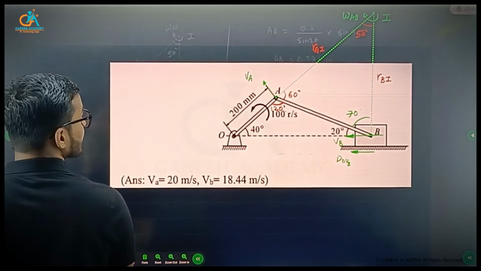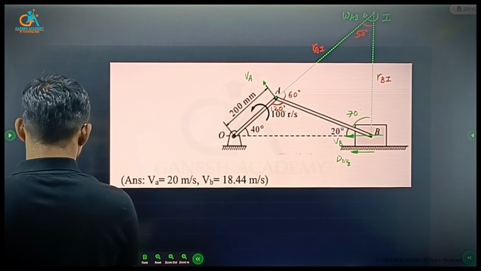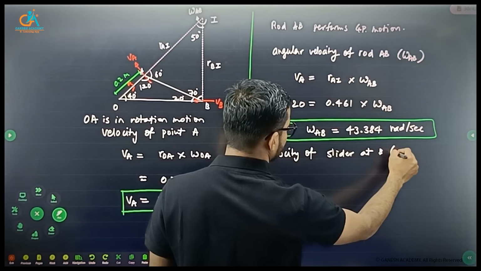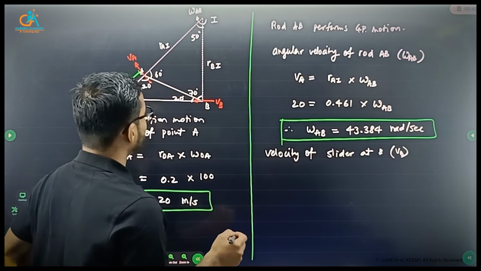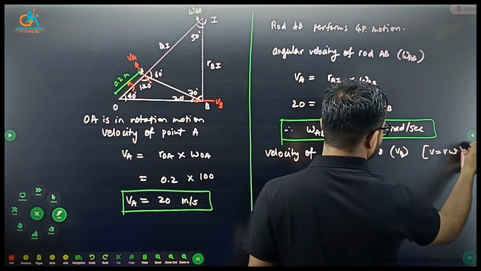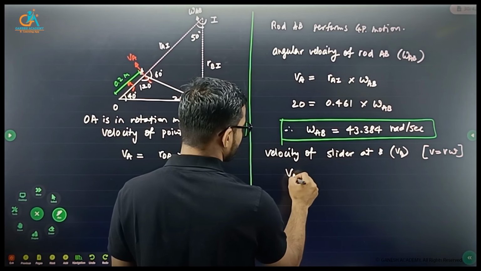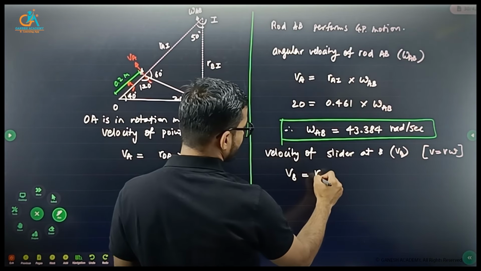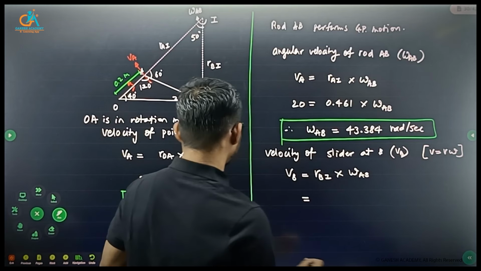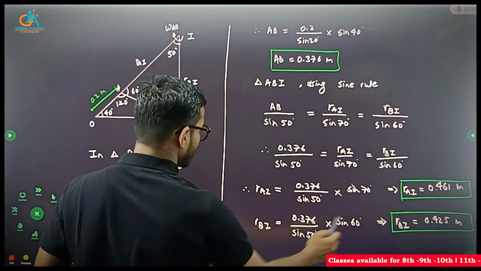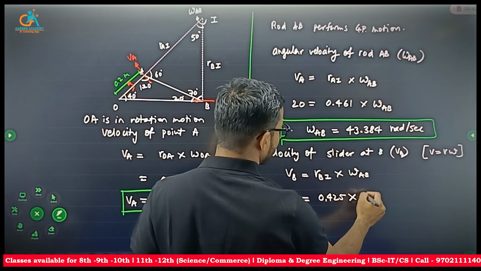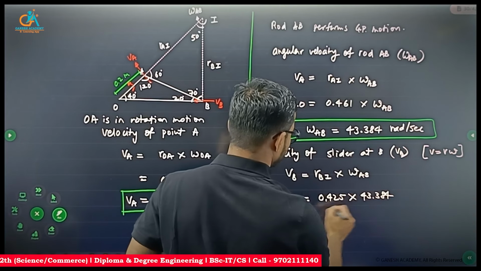Okay, and then we can also find the velocity of piston at B, VB, or velocity of slider at B, by using the same relation. We know V is equal to R omega, so VB is equal to RBI into omega AB, where RBI is 0.425 and omega AB is 43.384.